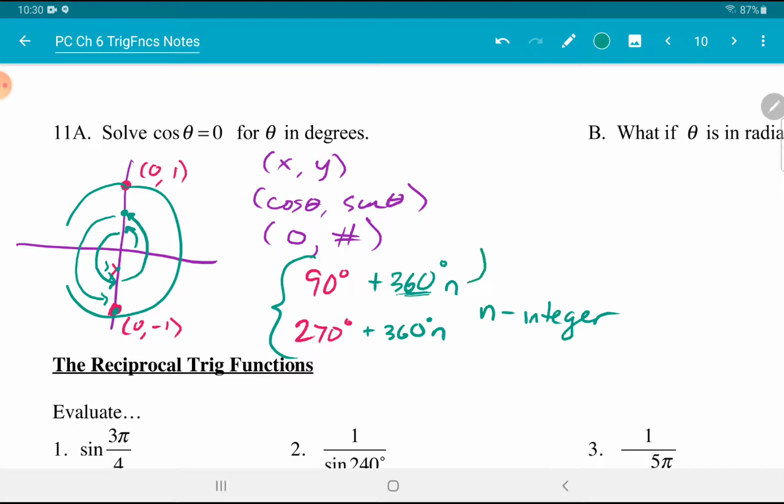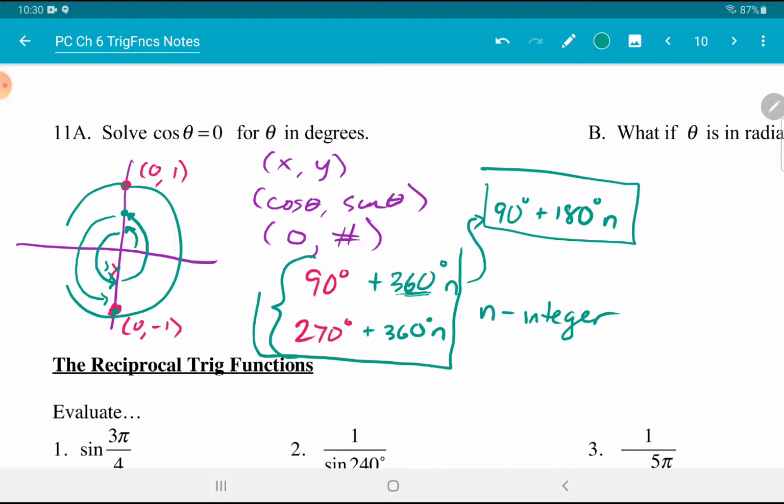So if you want to join these two answers together, you can really say that you start at the 90-degree mark, but you always add 180 degrees every time. And the only way we can add 180 degrees is if they're represented by full integer values, again, so 180n, where n is an integer. So this one answer here would consolidate the two answers that we have right here. So this would be like an OR.